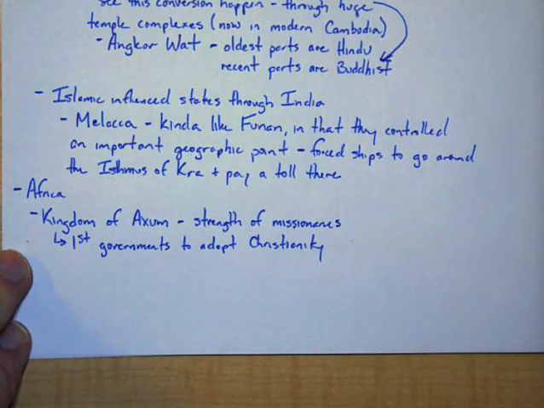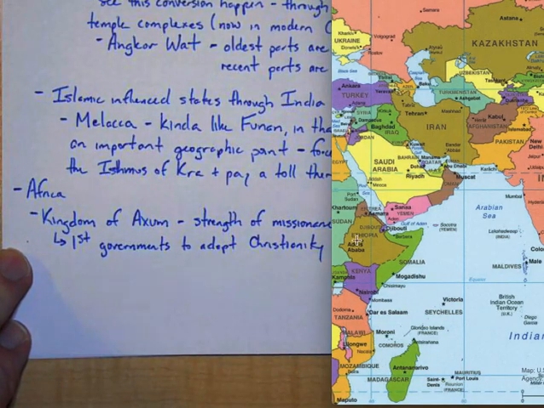So Axum is in modern Ethiopia. So this is where Axum is now. And so they were one of the very first places to convert to Christianity. So missionaries from Judea came down here and spread Christianity to Axum.